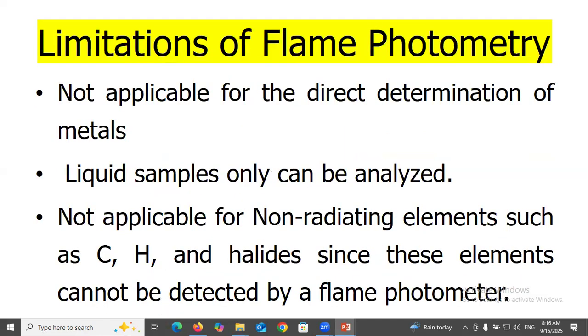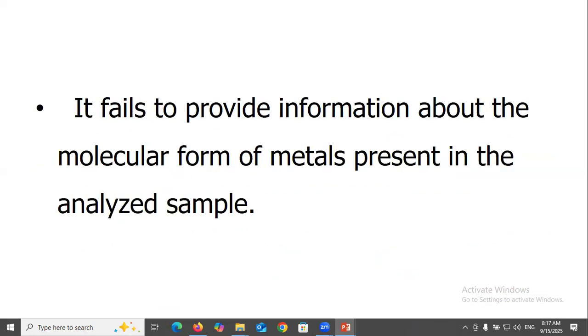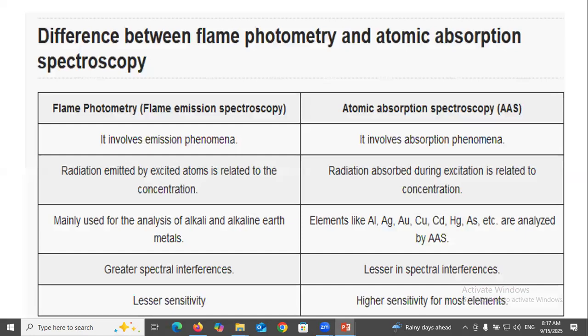Limitations of flame photometry: not applicable for the direct determination of metals. Liquid samples only can be analyzed, not applicable for non-radiating elements such as carbon and hydrogen, and alloys, since these elements cannot be detected by a flame photometer. It fails to provide information about the molecular form of the metals present in the analyzed sample.